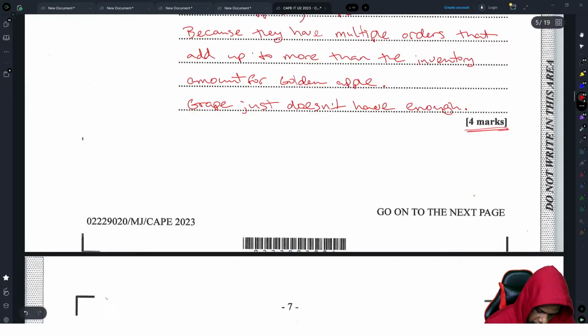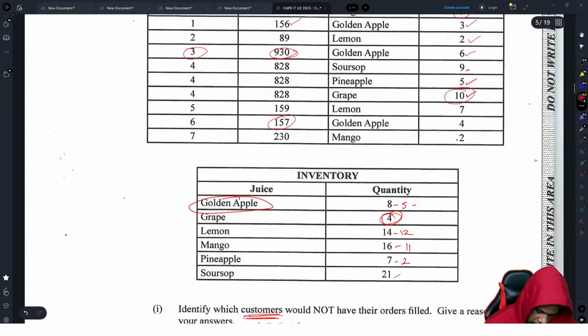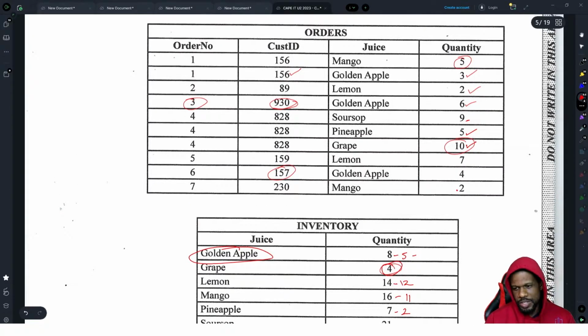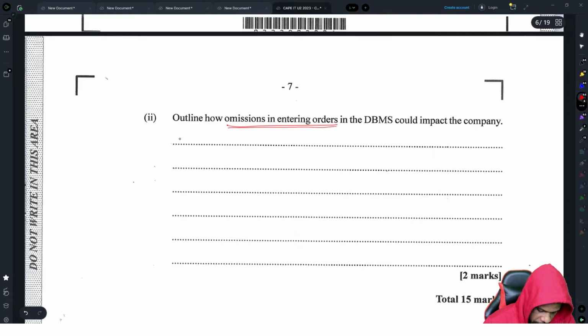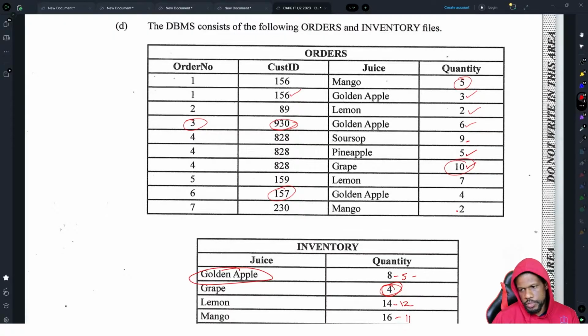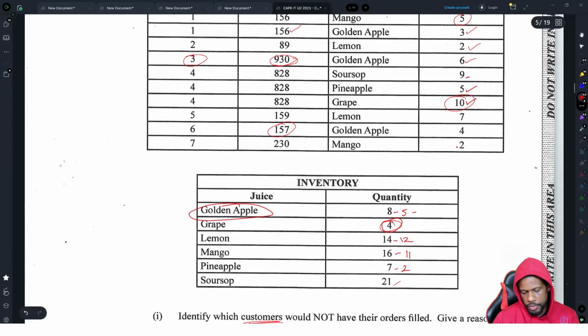Okay, so they're not talking about inventory, they're talking about orders, if they leave out something. So essentially, give an example of one piece of data missing and what will happen. So let's say, for example, if the quantities are not put in properly, if they put quantities wrong, then they'll have a problem.